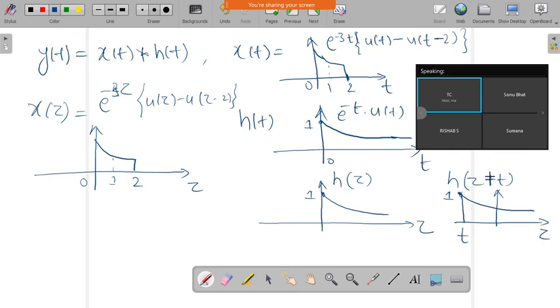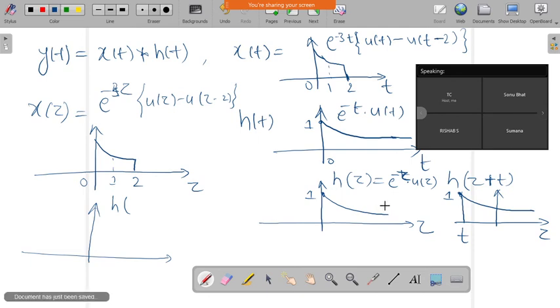Now if I reflect that signal, I will get h of, this is nothing but e power minus t, that is tau, into u of tau. Whenever we change the variable, that is shift the signal tau plus t, the corresponding shift happens.